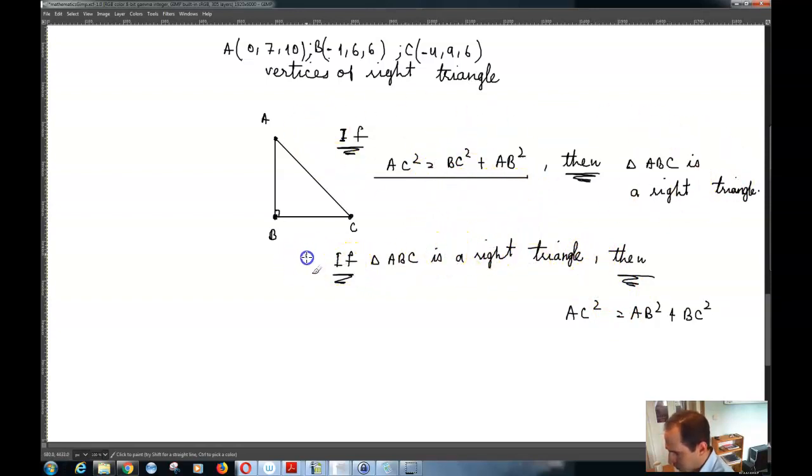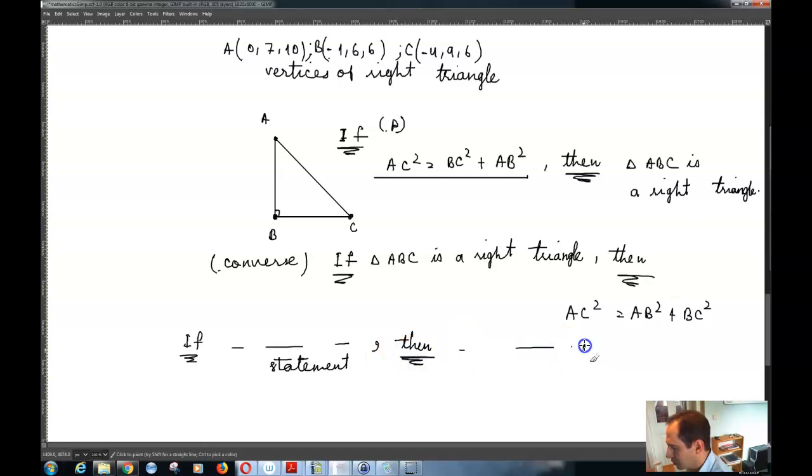Now, as you can see, this is the exact opposite of what we said over here. So technically this is called the converse of this statement. If you think of this as a statement, you can call this a statement P, and you can call this a statement Q. You can break this down into two statements: some if over here and some statement, then a comma, and some then over here and another statement.